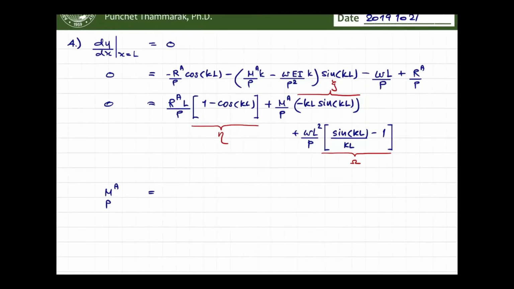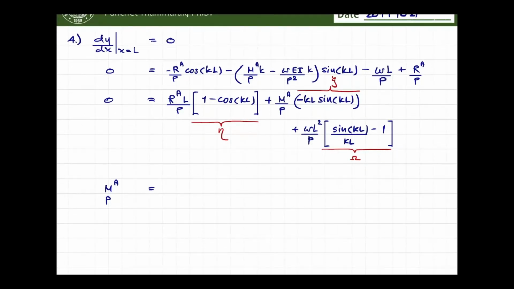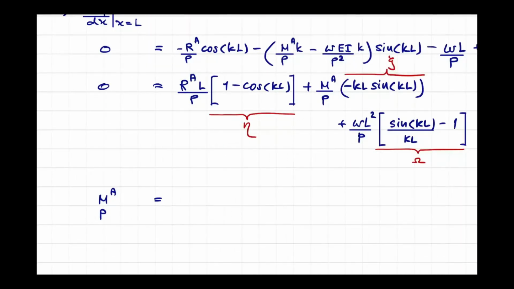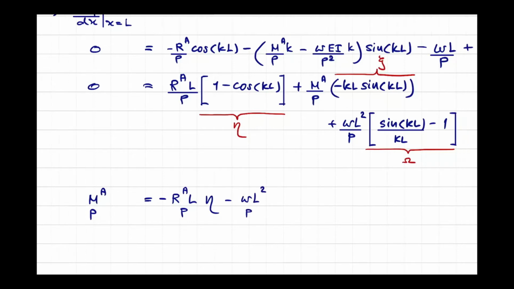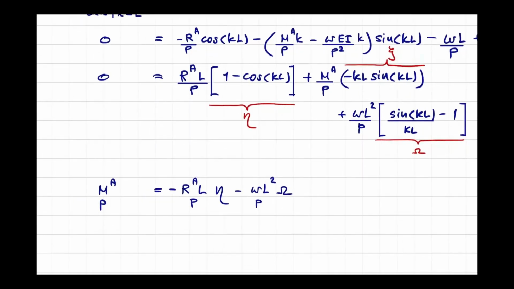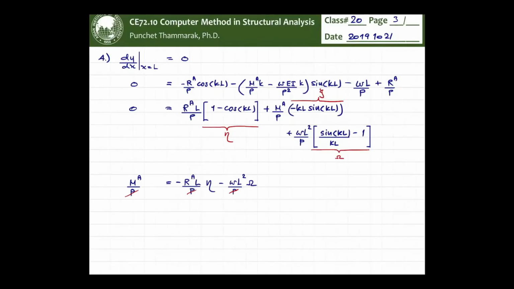MA over P is equal to RAL over P eta, and then minus WL square over P omega, and you see that the P could be cancelled out.